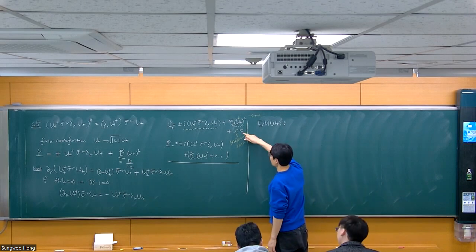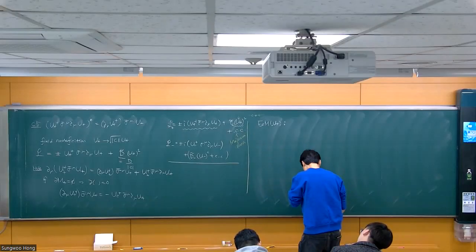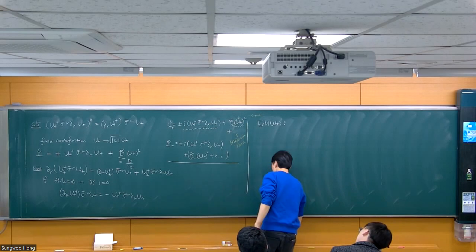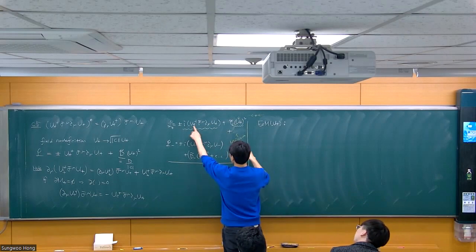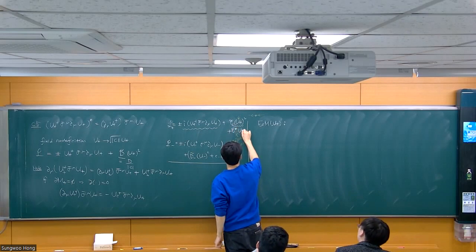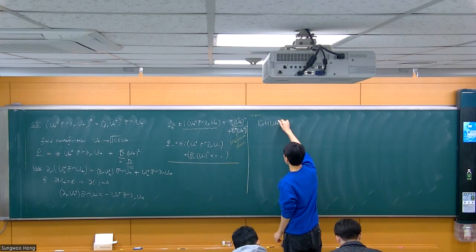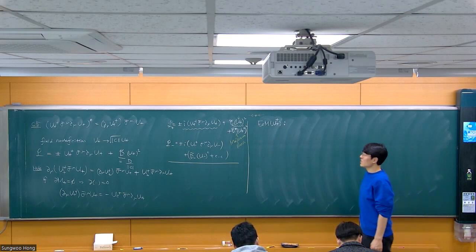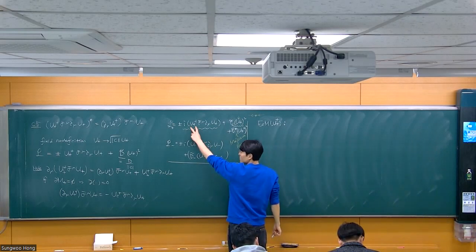In order to do that, let me explicitly write down this complex conjugation. I'm going to look at the equation of motion for U plus dagger. This is the star, then U dagger square. So that's the complex conjugation of that thing. I'm going to look at the equation of motion for U plus dagger, because that's easy to do, because this doesn't have any derivative terms.